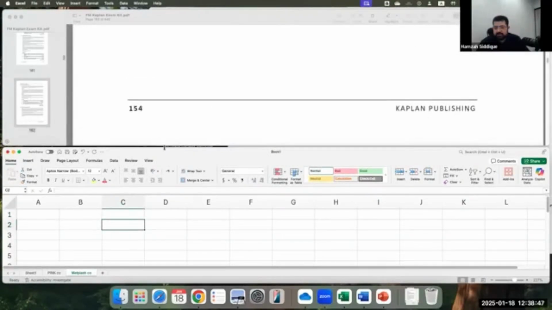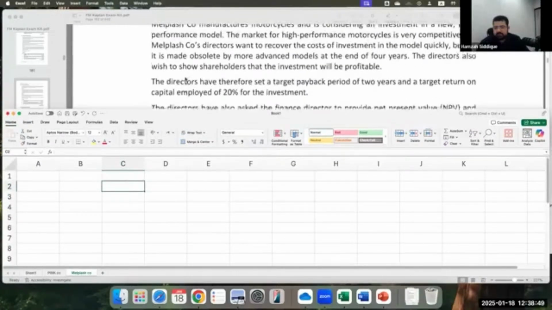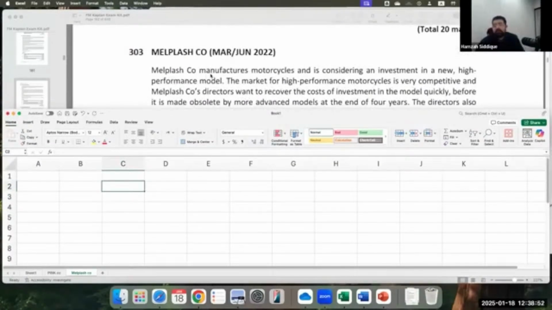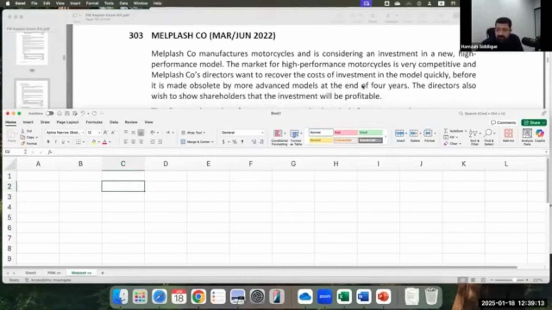They say that Melplash Company manufactures motorcycles and is considering an investment in a new high performance model. The market for high performance motorcycles is very competitive, and Melplash's directors want to recover the cost of investment in the model quickly before it is made obsolete by more advanced models at the end of 4 years.